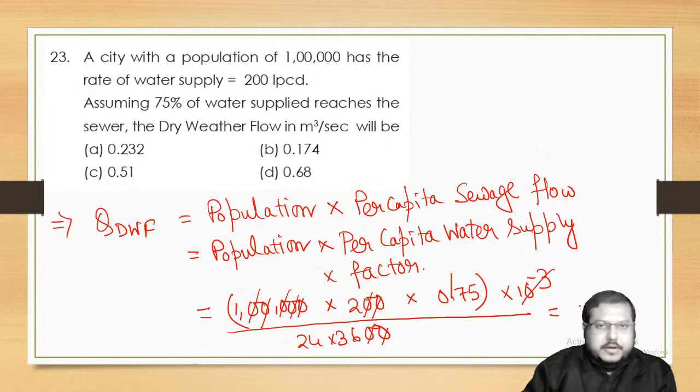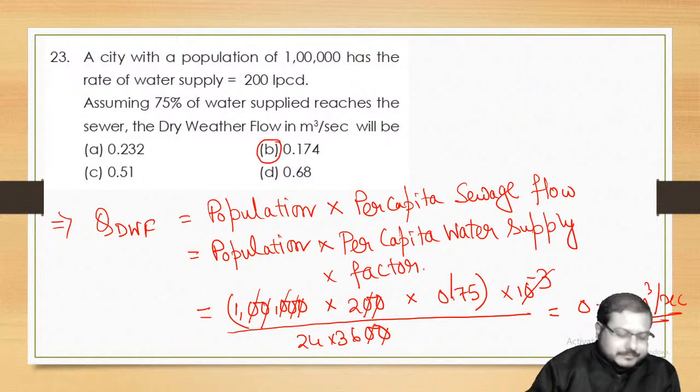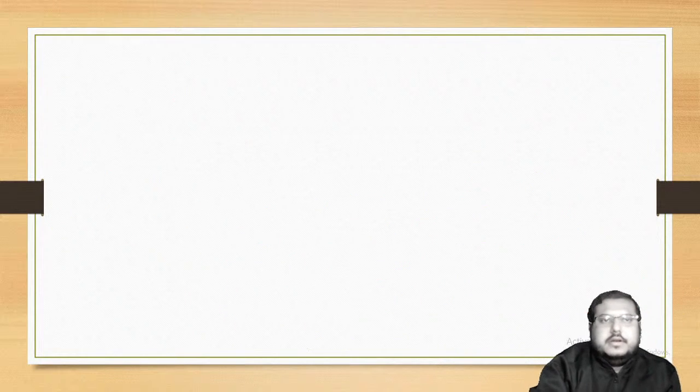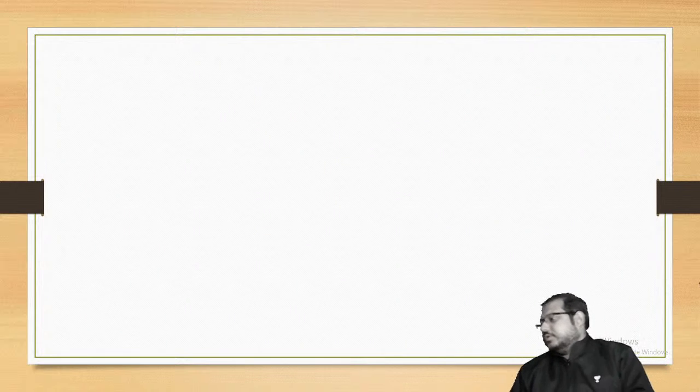It will be 0.174 meter cube per second. Option B will be your correct answer. Let's go for the next question.